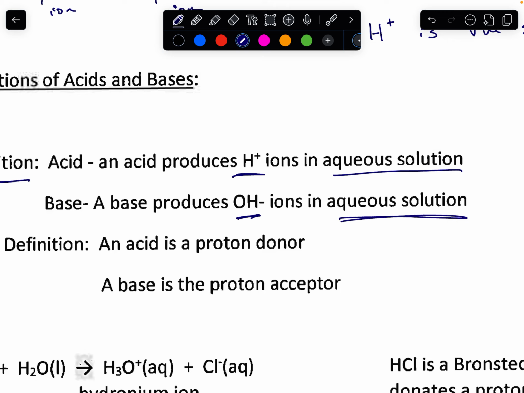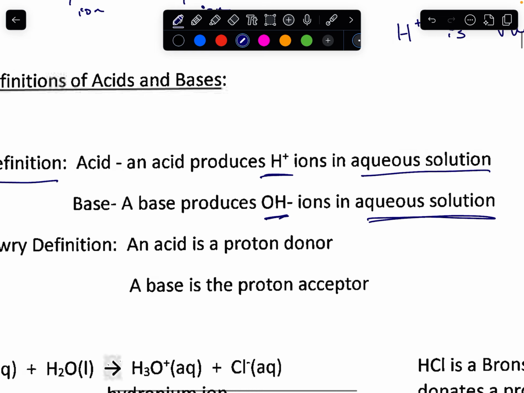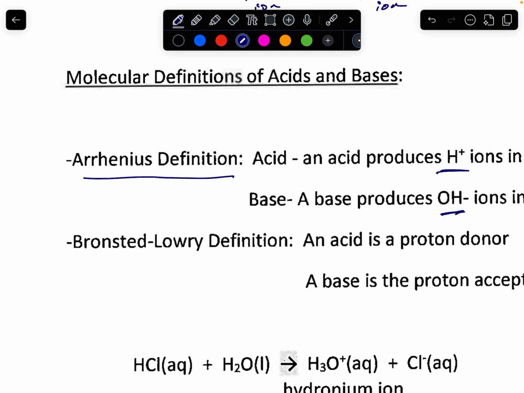Bases are going to produce that OH minus, and again, they have to be in water. We don't use this one very often because, as you saw before, not all of my bases are going to have that OH minus, and we're also not always going to be doing things in water. The majority of times, yes, we will, but it doesn't always happen. So we need a broader definition.